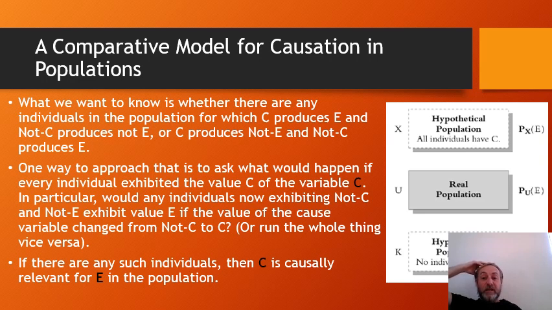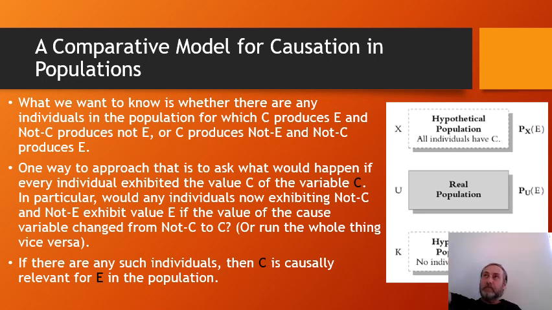In particular, suppose that all of the 100 in our population did have the causal variable. Would giving it to any that currently do not have the causal variable and do not have the effect cause them to change to having the effect?